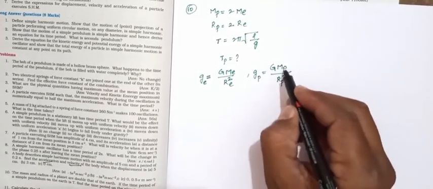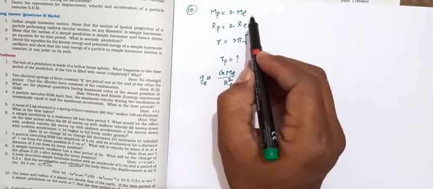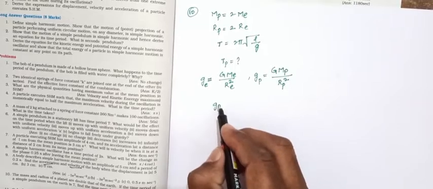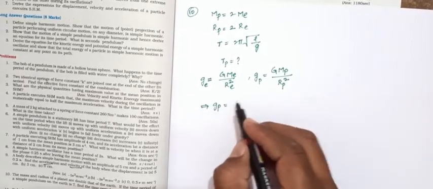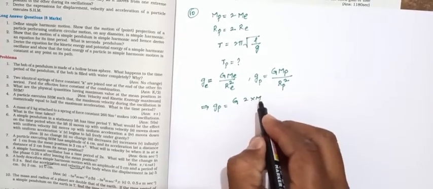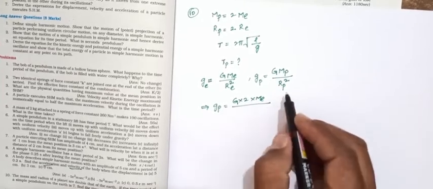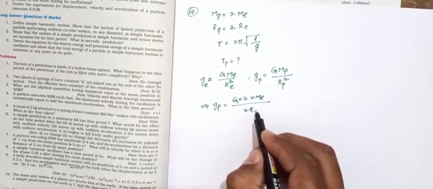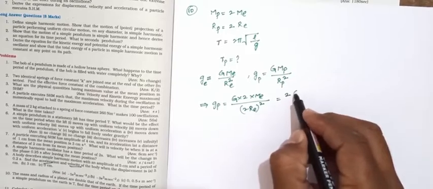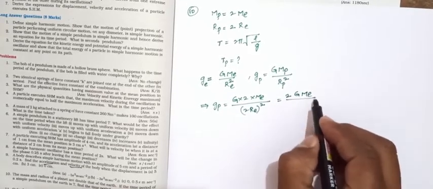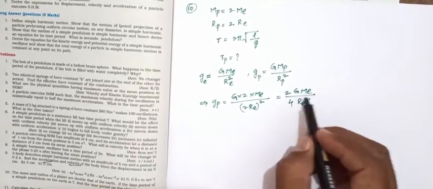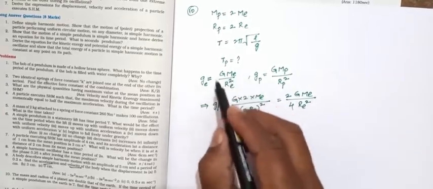Here we substitute Mp equals 2Me and Rp equals 2Re. So gp equals 2 G Me divided by 4 Re square. G Me by Re square equals ge.